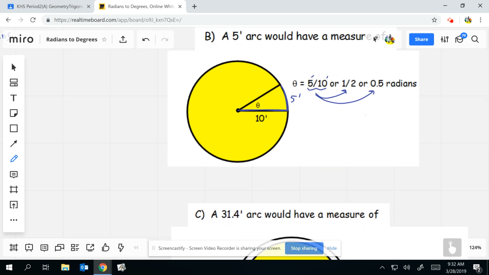Your radian angle would be your arc length, whatever the length of the arc is, divided by the radius. Because a radian is coming from the term radius. So you're trying to find out how many of those radii would be around the circle.